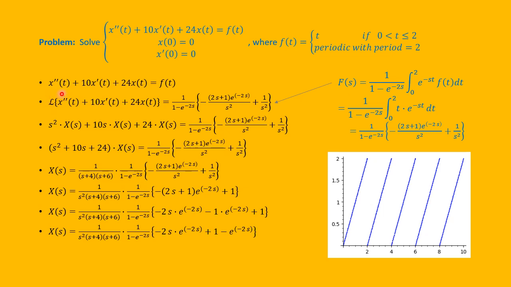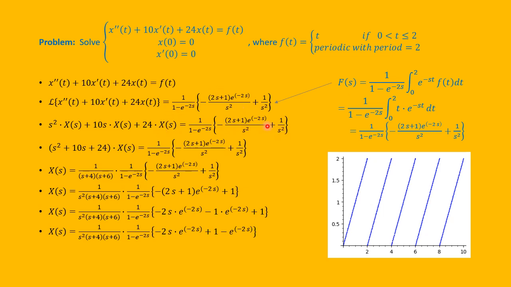The Laplace transform of x''(t) is going to be s squared times capital X(s). Those terms that have little x(0) and little x'(0) in them are both 0 because of these initial conditions. Similarly, the Laplace transform of 10x'(t) is just 10 times s times capital X(s). The Laplace transform of 24x(t) is 24 times capital X(s).